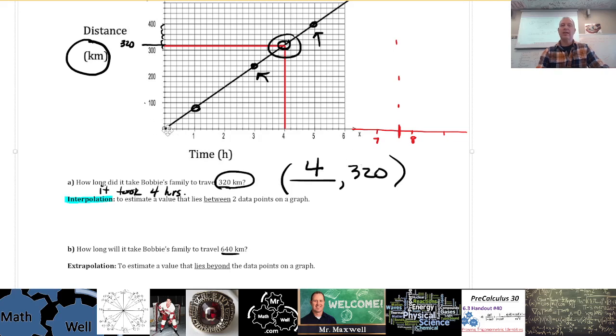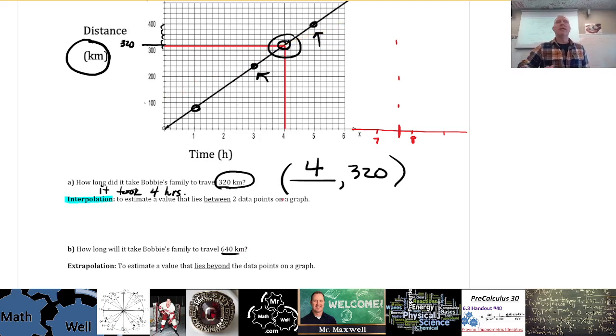Now, if we started at 0, 0, that's a good idea to think about doubling. If we double 320 to get to 640, we could double 4. You have to be careful, though. If this line doesn't start at 0, 0, if it was something like this right here, then you'd have to be real careful because it wouldn't be exactly double. But because it's at 0, 0, actually, it might work out pretty good.